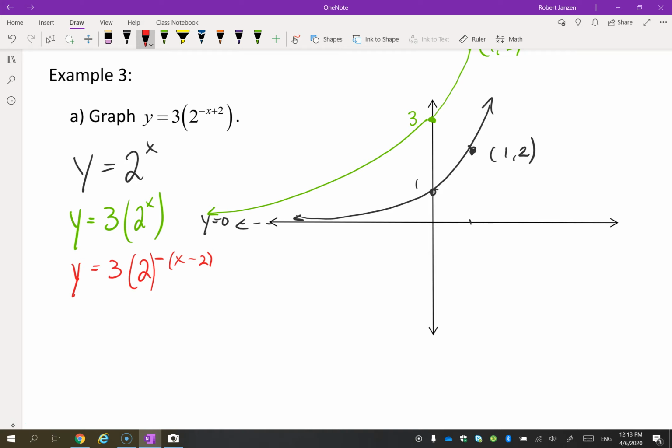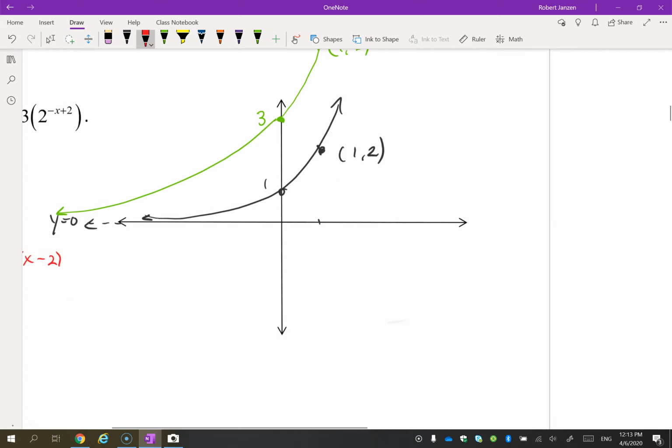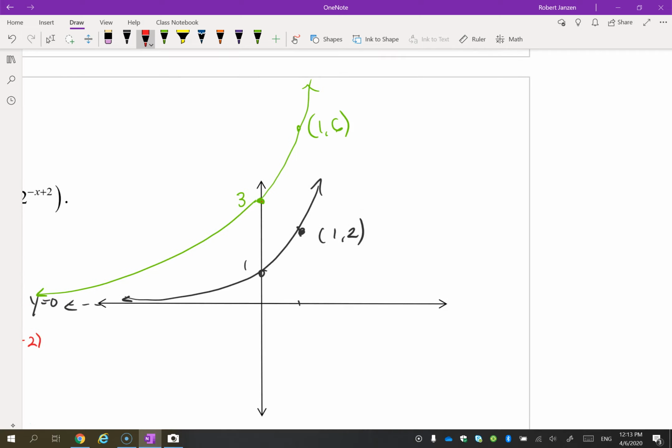What does that negative do? Well, that's a horizontal flip. So that will stay the same. This one will go to negative 1, 6. Okay, and so you'll have this.